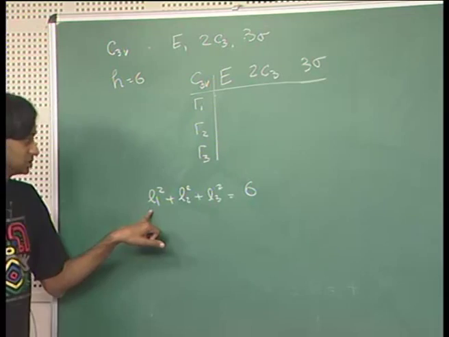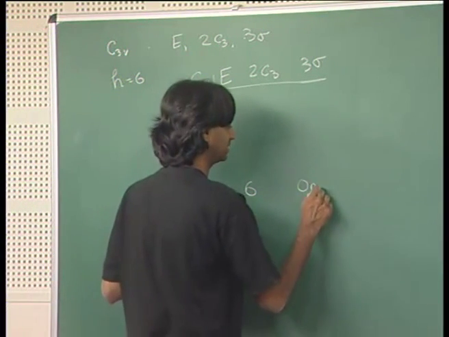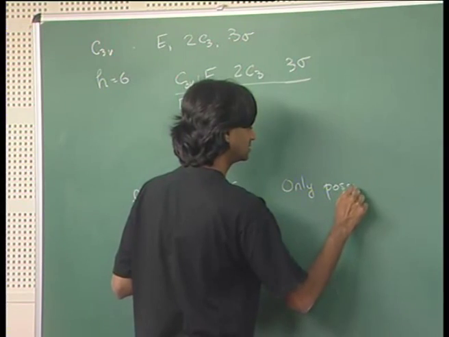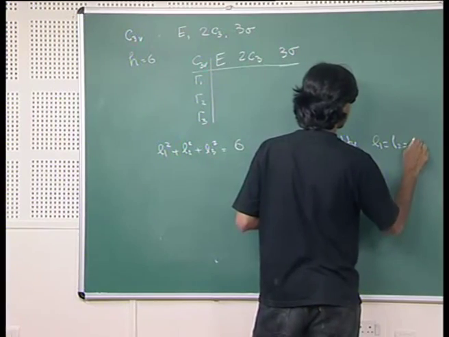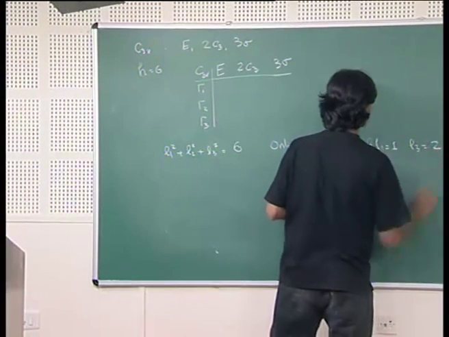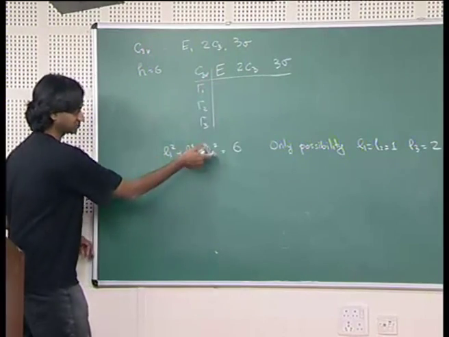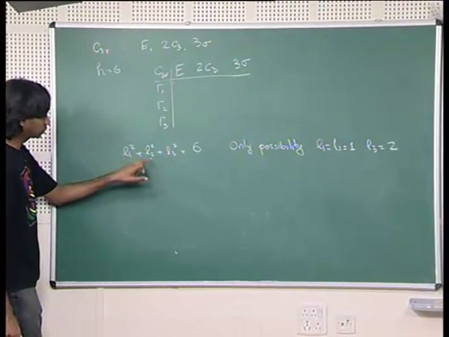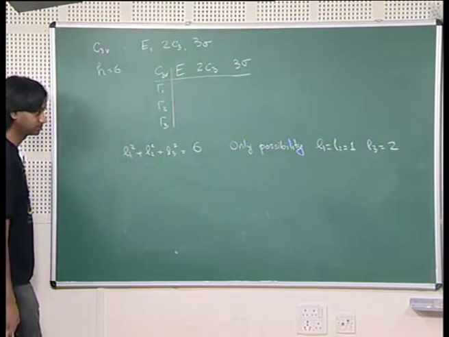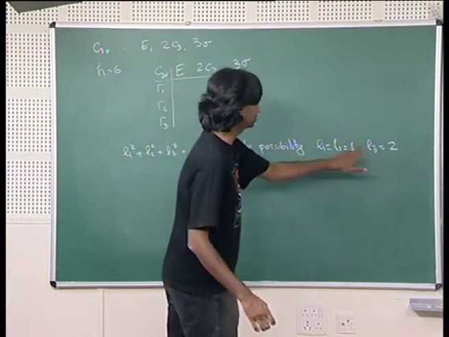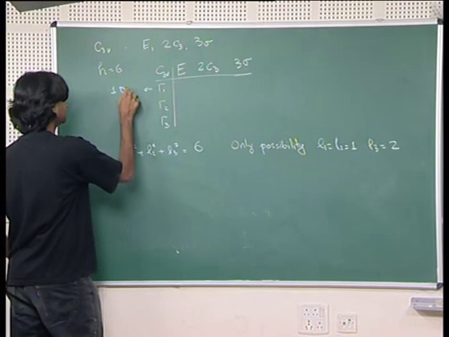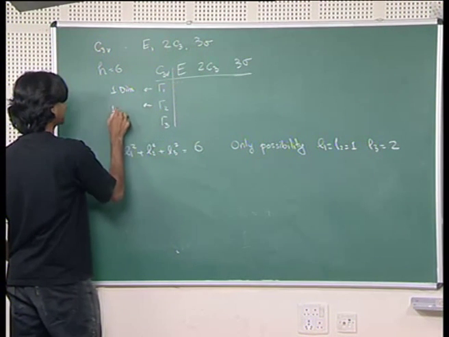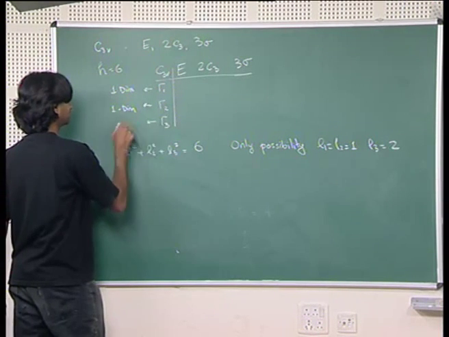The only possibility is l1 equal to l2 equal to 1, l3 equal to 2. Actually you can always switch the numbers, but basically 2 of them have to be 1 and 1 has to be 2. So, the 2 that are 1 you call l1 and l2, the one that is 2 you call l3. So, that is the only possibility. So, you have a one dimensional representation, this is also a one dimensional representation, and this is a two dimensional representation.